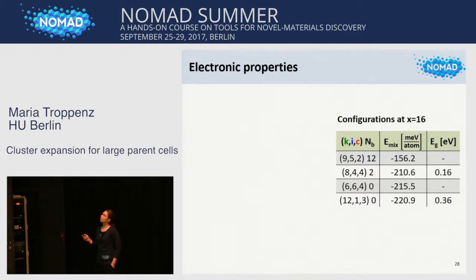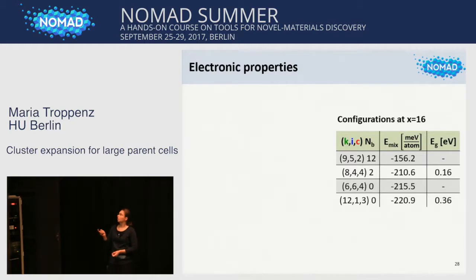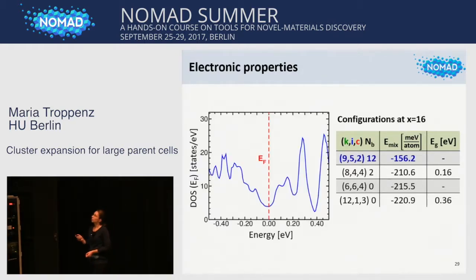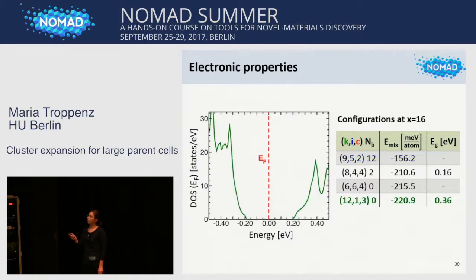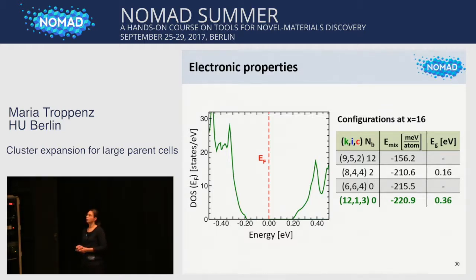Here, this table shows different configurations for the charge compensated structure. And a high energy structure, however, shows metallic behavior, even though it was not expected according to the Zintl concept. If we go to our ground state structure, it has a really well-defined band gap, and it is semiconducting.